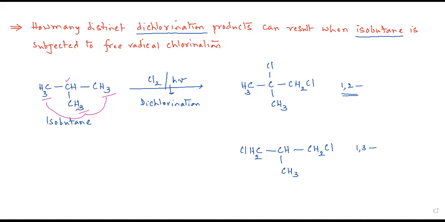Any two of these three will give you 1, 3, because it's, of course, symmetric. Any one of these three with the second one will give 1, 2. That's it. Only two distinct varieties. Distinct. This is on dichlorination.